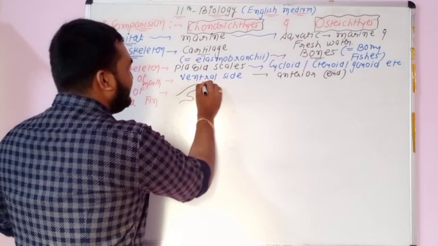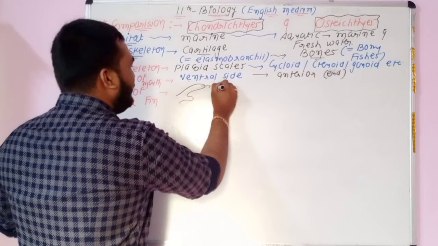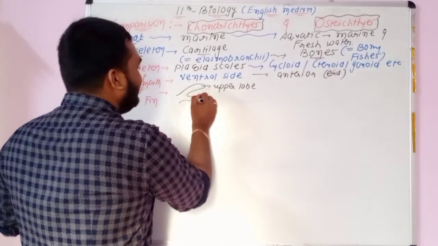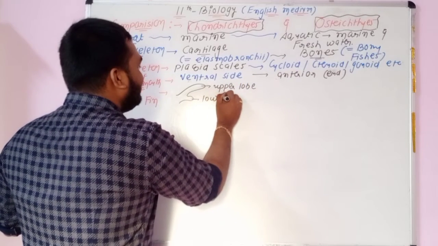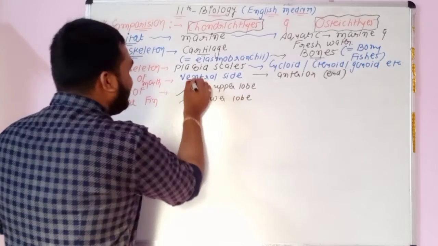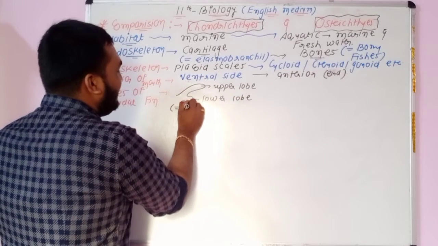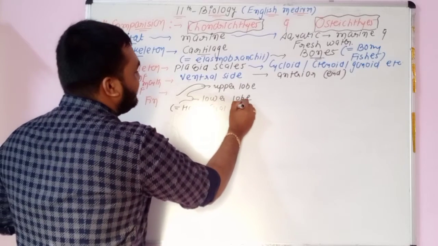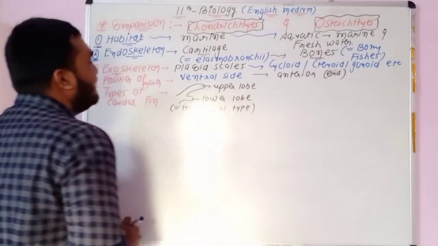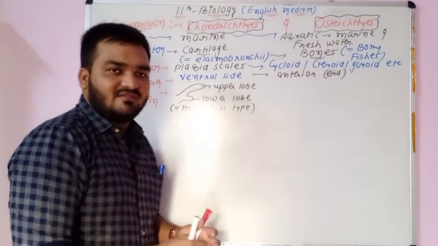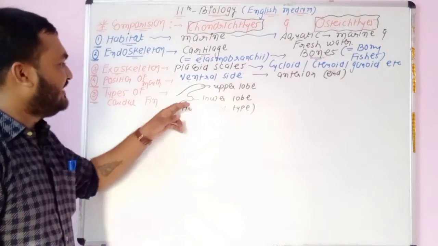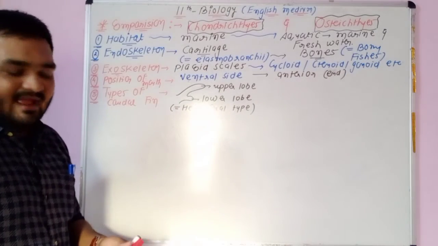It is the upper lobe, meaning the upper part. The upper lobe is larger than the lower lobe, and this type of structure is known as heterocercal. We can say heterocercal type of caudal fin. So you will remember in Chondrichthyes, the upper lobe is larger than the lower lobe.